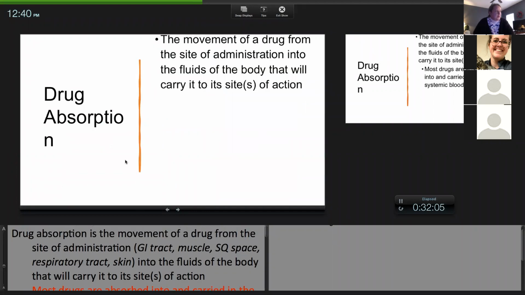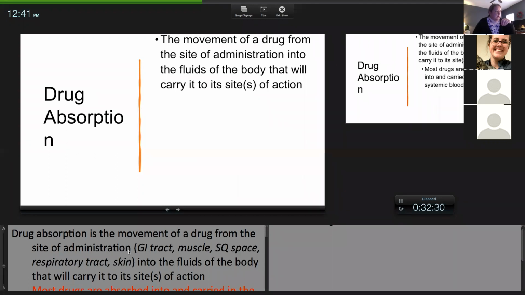Now, once a drug is absorbed, it moves from the site of administration into the fluids of the body that will carry it to the site of action. So when I give it IV, the blood is taking it to the site of action. That's why intravenous medications usually have a very quick onset, because they don't have to go through all these other hoops. You're giving it in the medium, the blood, that's going to take it to the target.